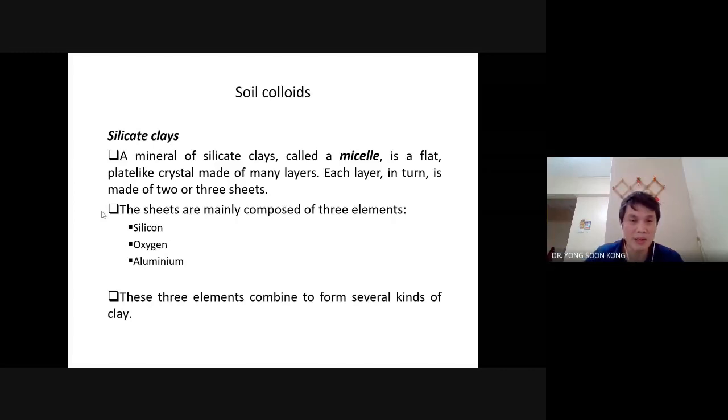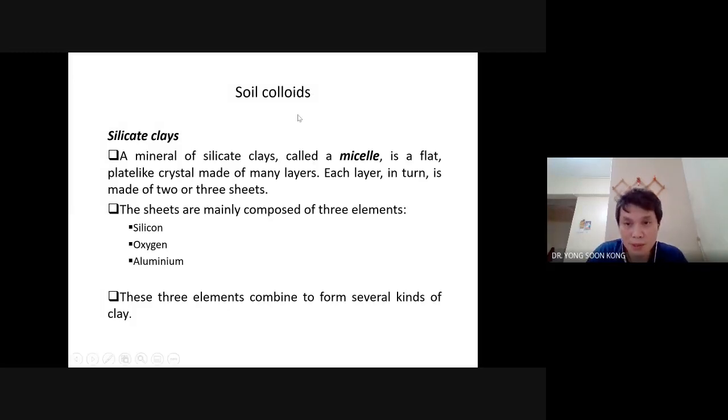Still not yet the actual structure, but silicate consists of silicon plus oxygen. In fact, I would say oxygen is the major element here, or probably a little bit of aluminium. So it consists of these three.